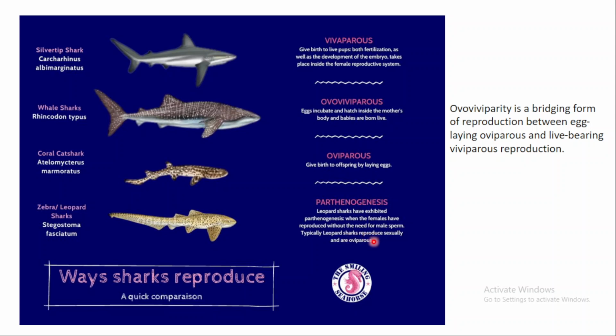Typically, leopard sharks reproduce sexually and are oviparous, but they also show parthenogenesis. So most sharks show ovoviviparity. Eggs are laid inside the female body, they develop inside there, and there is live birth of the offspring.